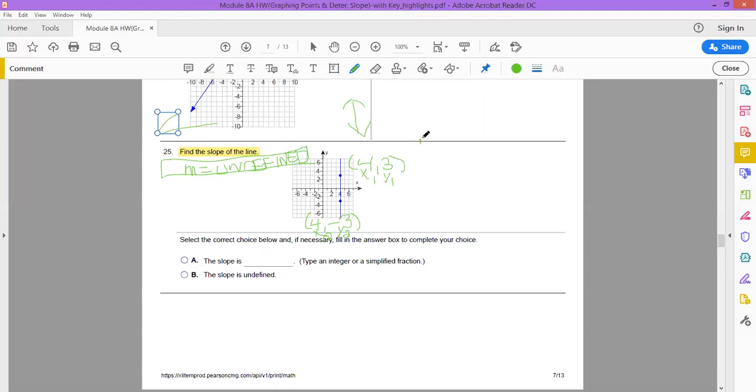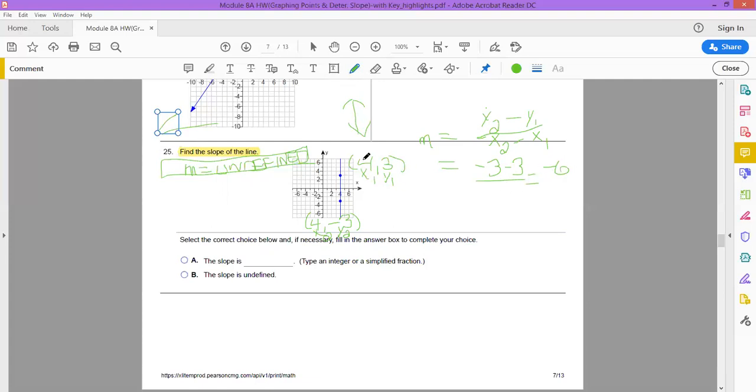So using our slope formula, remember our formula is y sub 2 minus y sub 1 over x sub 2 minus x sub 1. Our y sub 2 minus y sub 1 in the numerator will give us negative 3 minus 3, which would be negative 6.